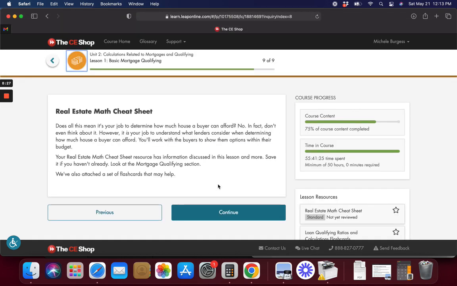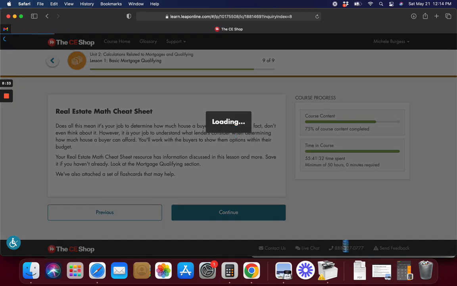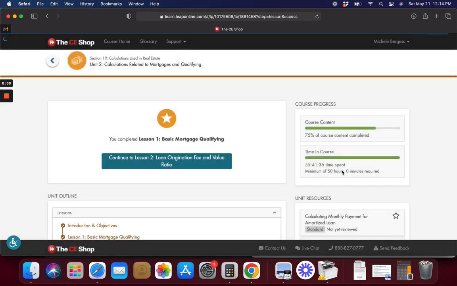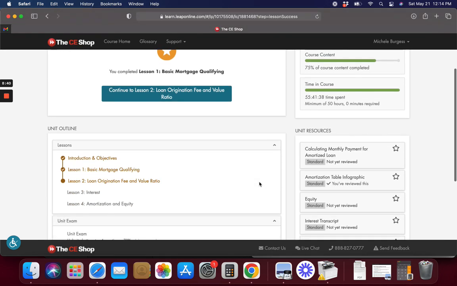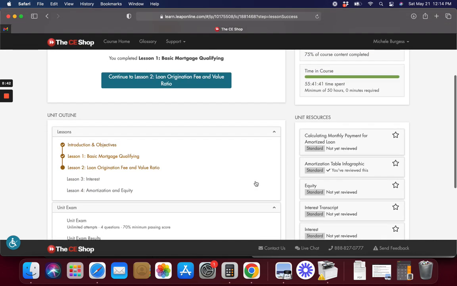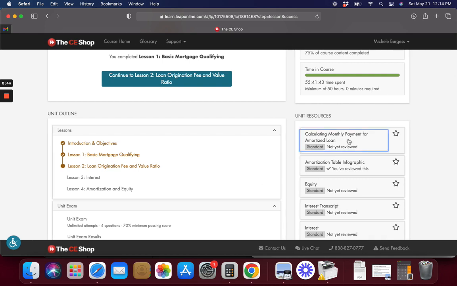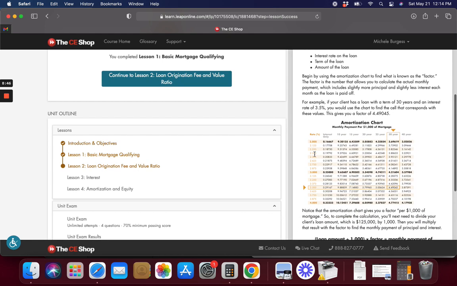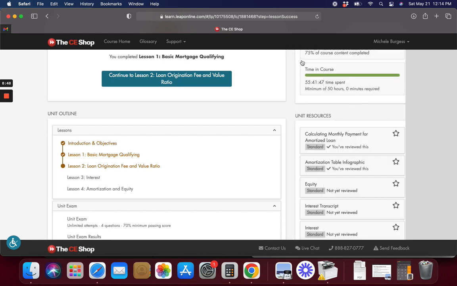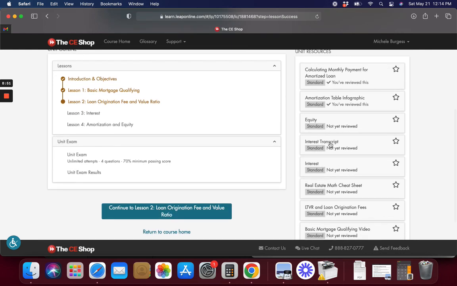All right, real estate math cheat sheet. Okay, we already pulled that up. So if we need that for the test, we can pull that up. All right, loan and origination fee. Oh my goodness gracious, this is going to be a hard test.